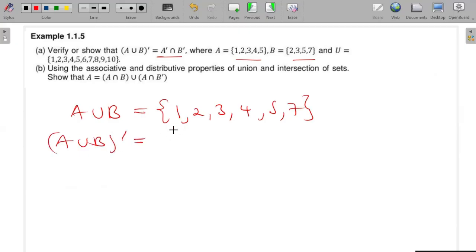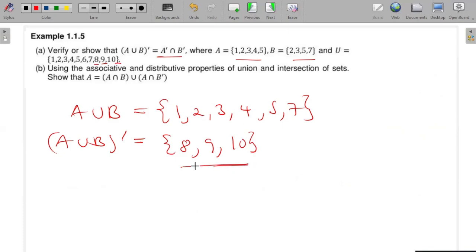The complement is everything outside this set but in the universal set. The universal set has been given from 1 to 10. So the numbers outside this range are 8, 9, and 10. So this is the first part.